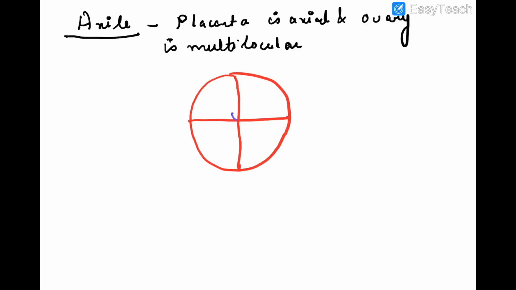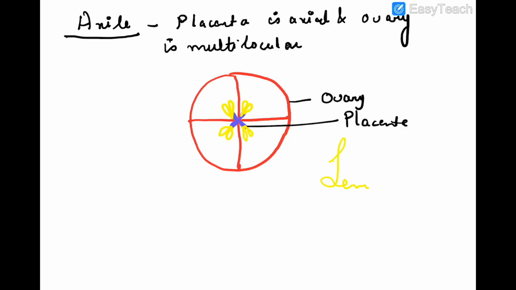This would be the placenta. This is the placenta. This is the ovary. And these are the ovules which are attached to the placenta. The classical example of this is lemon.